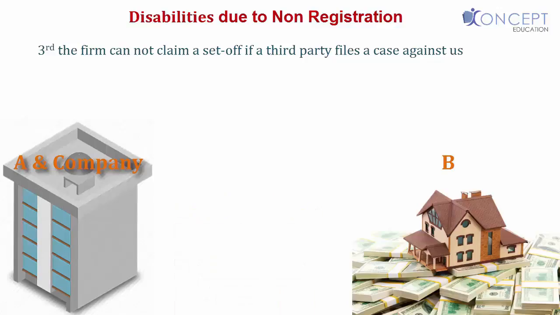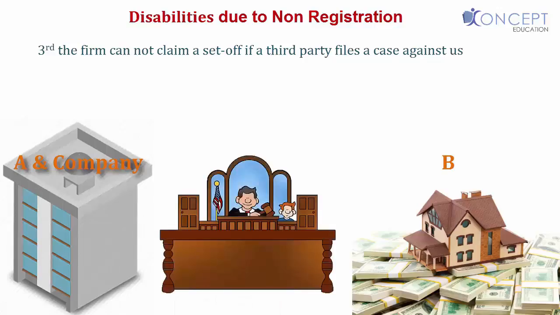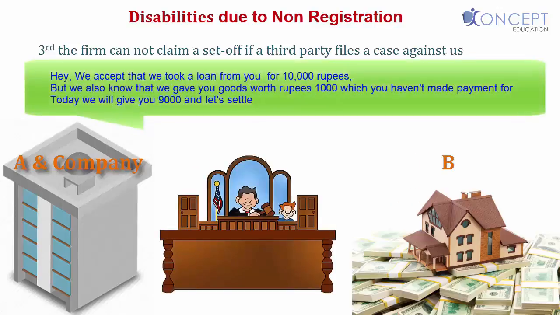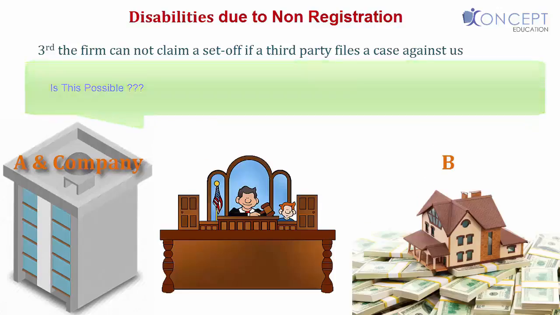In the proceedings, when we are in the court, can we say, hey, we accept that we took a loan from you for 10,000 rupees, but we also know that we gave you goods worth rupees 1,000 which you haven't made payment for. Today, we will give you 9,000 and let's settle. Is this possible?